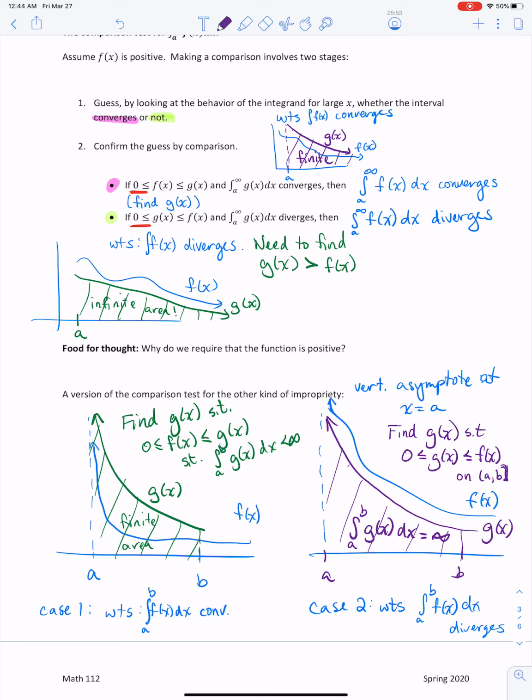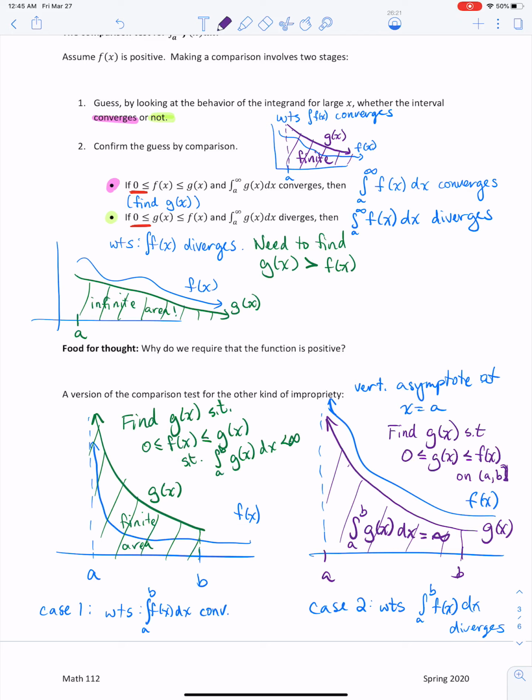So in particular, if I'm trying to show that a function converges, I'm always needing to compare with a function whose integral also converges. And if I'm trying to show convergence, the comparison function, the g of x, has to always be bigger than the function that I'm investigating.